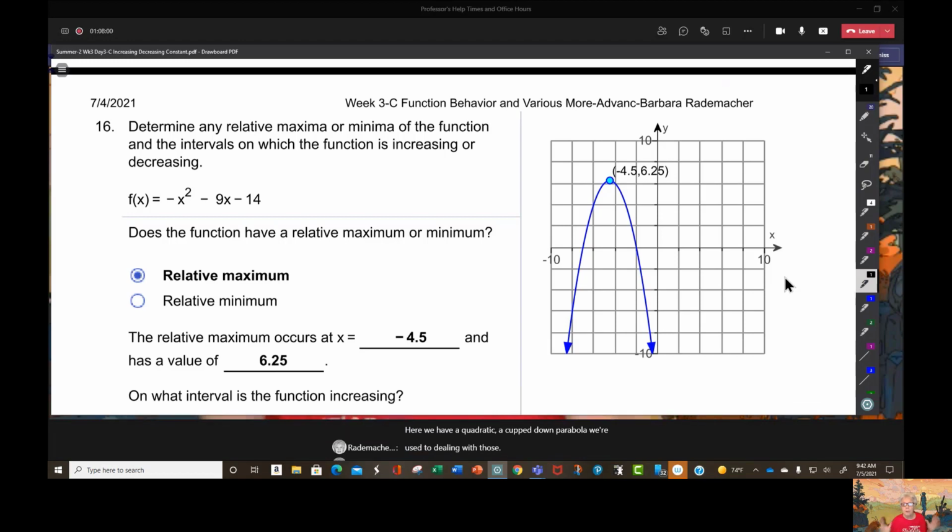Now if we treat this quadratic like any polynomial we might graph, then notice that our vertex becomes the relative maximum point here. So the vertex is the same as, well, for a cup down parabola, relative maximum point.